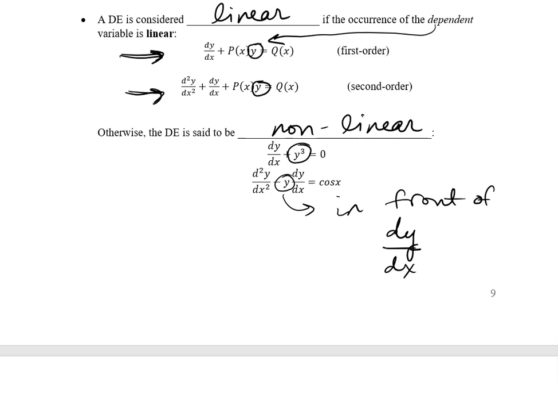In order to be linear, that y term has to be by itself, either completely by itself with a 1 in front of it, or with a function of strictly x in front of it. And that's what this p of x represents in these two equations. So because this one is in front of the dy dx, that means it would be nonlinear.